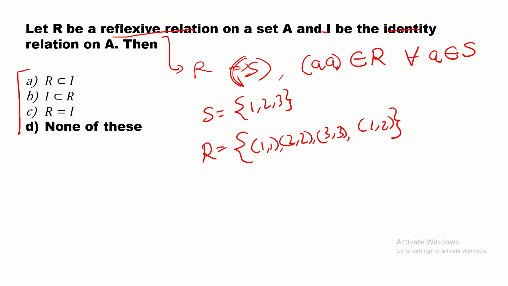In here, the elements (1,1), (2,2), (3,3) are necessary for it to be a reflexive relation, but it does not mean there can't be other elements such as (1,2), (2,3) or any other elements.